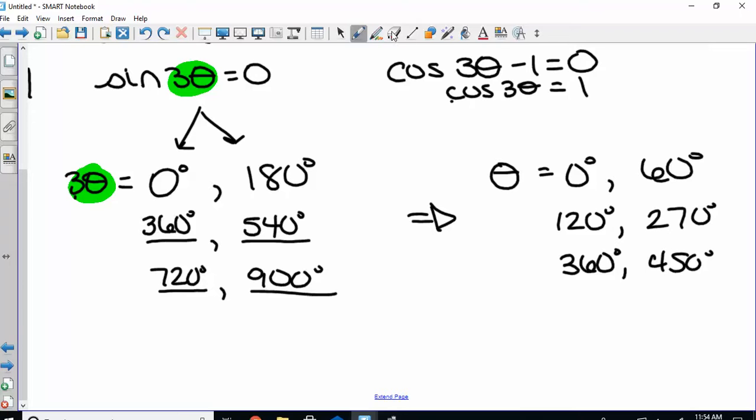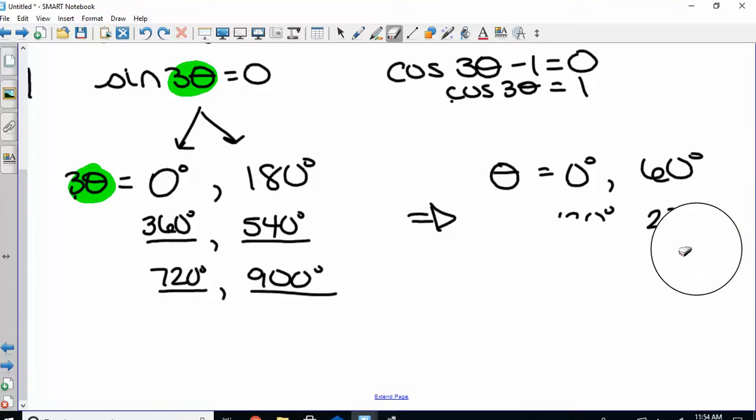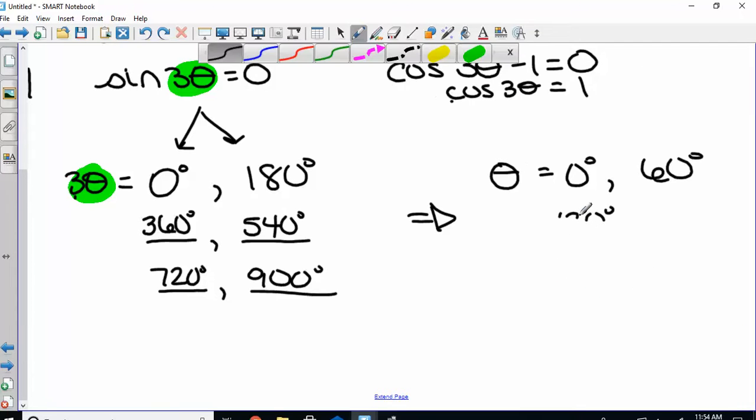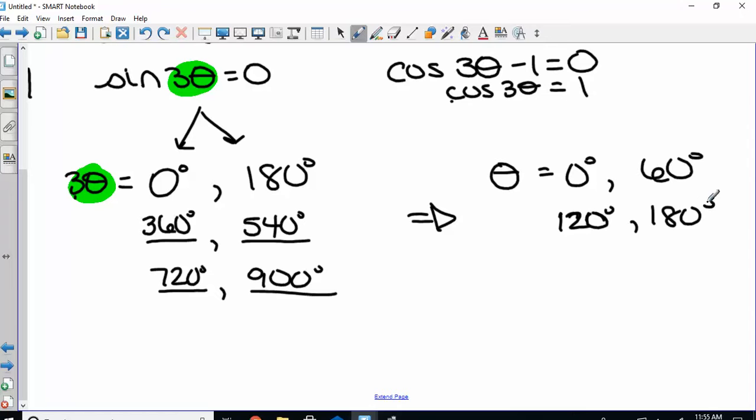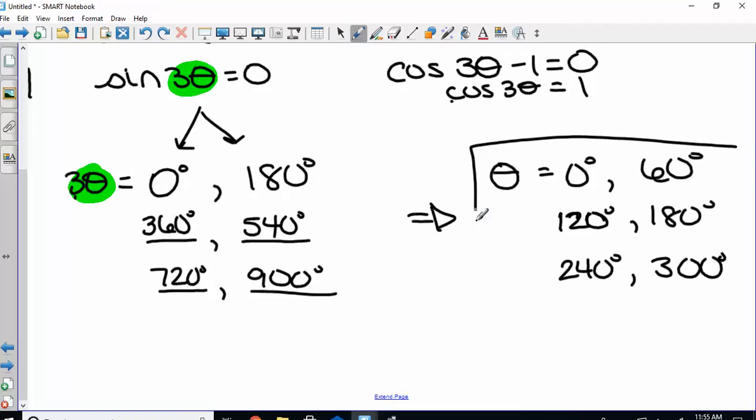I divided by 3 for the first 3 of them, and then I switched to 2. I was thinking, man, this does not look right at all. Okay, let's try that again. 540 divided by 3 would be 180. 720 divided by 3 is 240, and 300. That looks better.